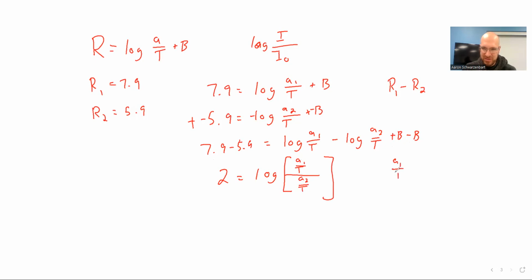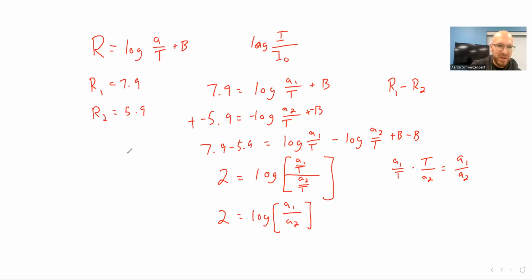When I divide fractions, I multiply by the reciprocal, and this is simply A1 over A2. My T's cancel out. When I multiply, I have one on top and one on bottom, so they just cancel. What I'm ultimately trying to do is find out how many times more severe A1 was than A2, which means I'm looking for the ratio A1 to A2.